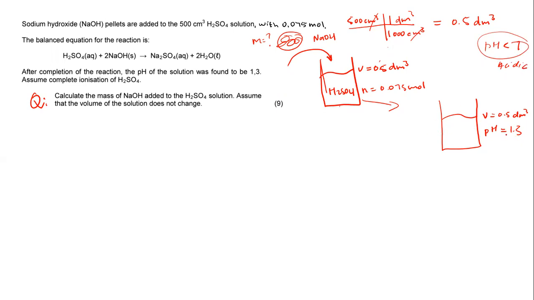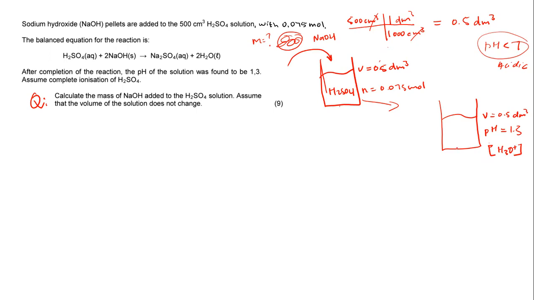Now, how would we know that the solution is acidic? Number one, the pH is 1,3. And then again, we have a high concentration of hydronium ions in this solution. So because the pH is 1,3, which is acidic, we have a high concentration of H3O plus ions in this solution.